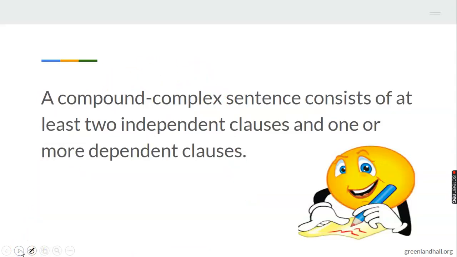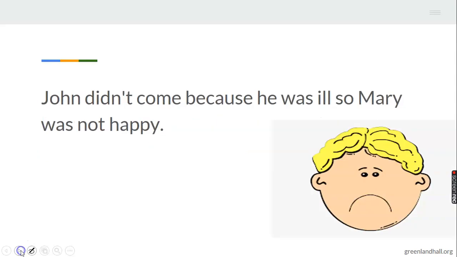Now, a compound complex. I love this. A compound complex sentence consists of at least two independent clauses and one or more dependent clauses. Now, let's see what we have. John didn't come because he was ill, so Mary was not happy. Now, it is true that John did not come because what? He was ill. So, what happened because of this? Mary too was not happy.